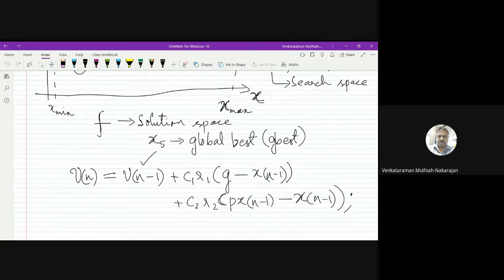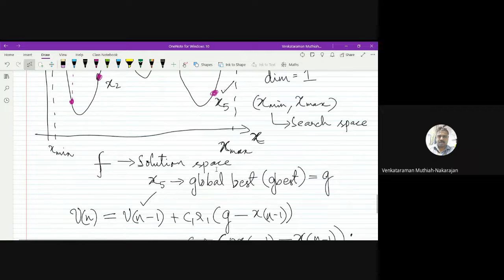The second component is, among all the points that you have, x5 is the global best. And x5 is also our G. So all particles will move towards the global best.